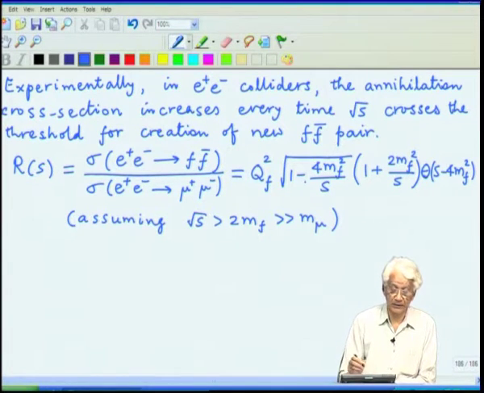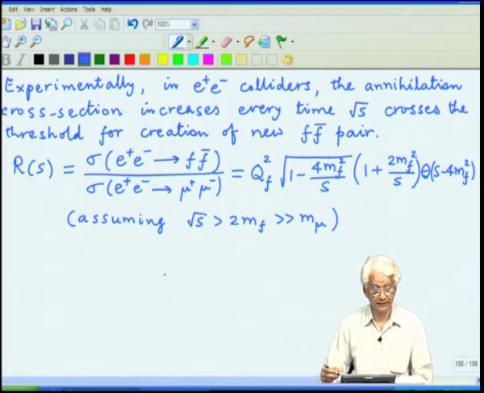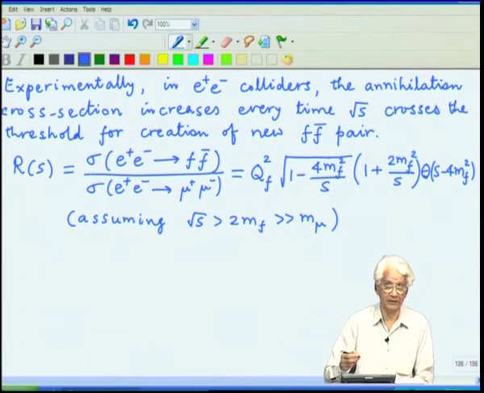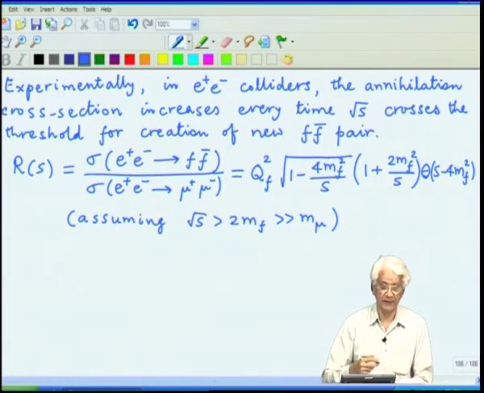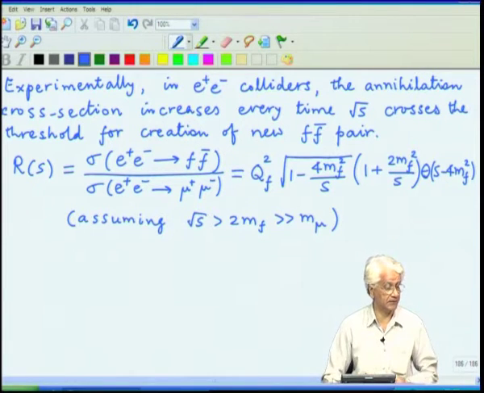and the square root rise is a kind of characteristic signature which shows that that kind of increase in the cross section is a signature that the new particle is going to be created, and then one can go and look for the specific properties of that particular particle.